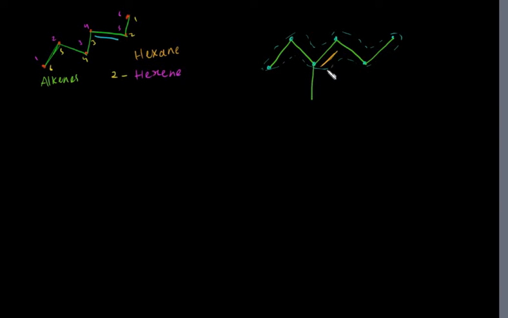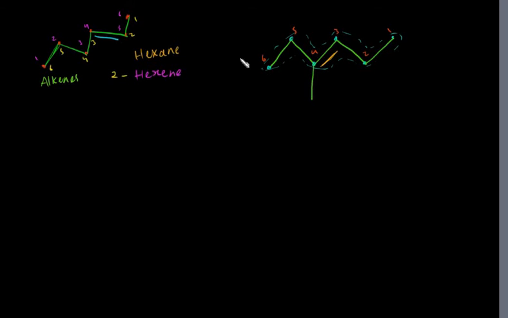It depends on the double bond. I need to start counting from the side which gives me the lowest possible number for the double bond. So let's suppose it is from the right side.